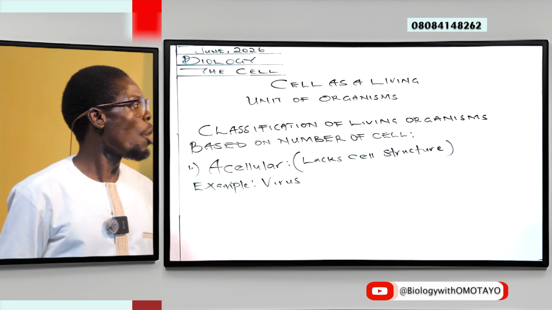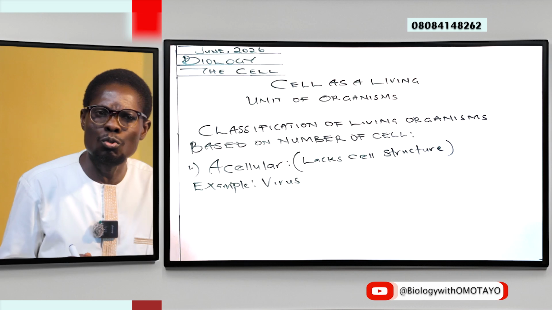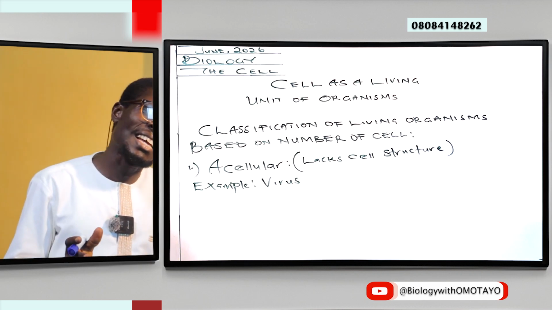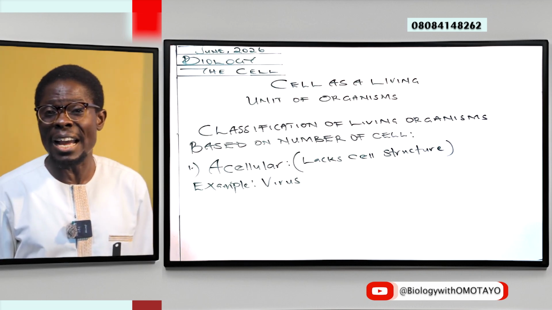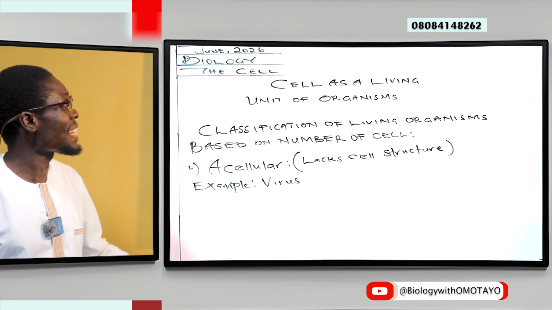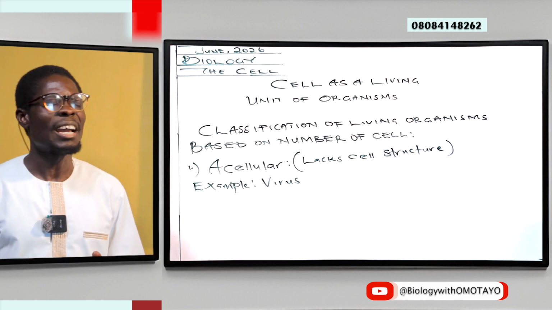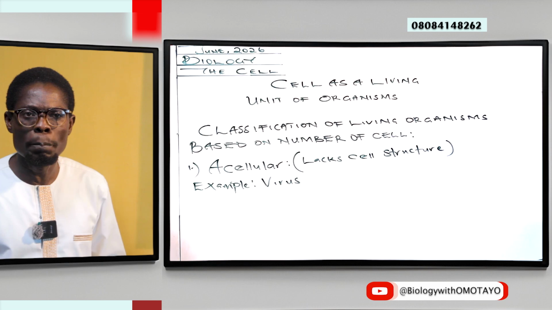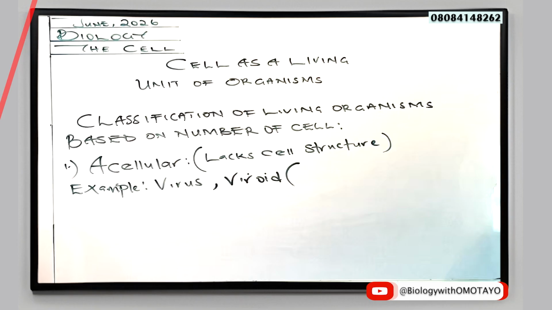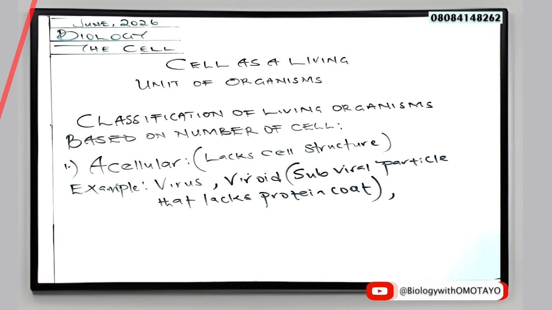Other examples of particles or aggregates of particles that we can refer to under this acellular group are viroids. A viroid is a subviral particle that lacks a protein coat. In the same way, we have what we call the prion.